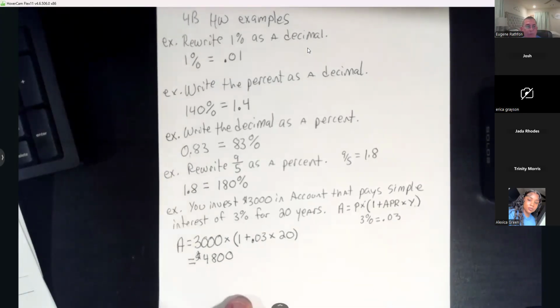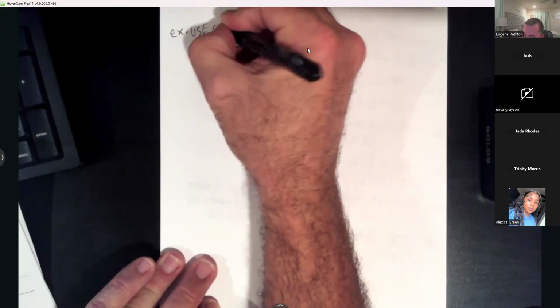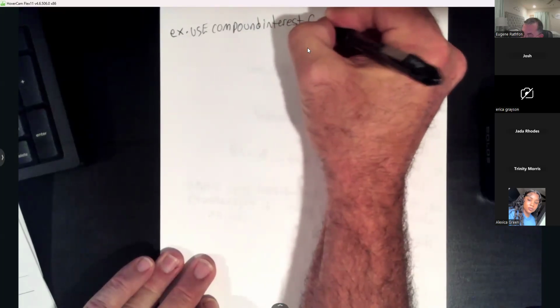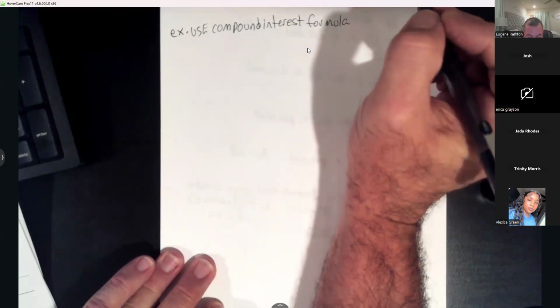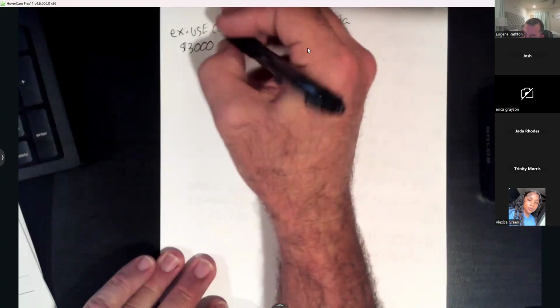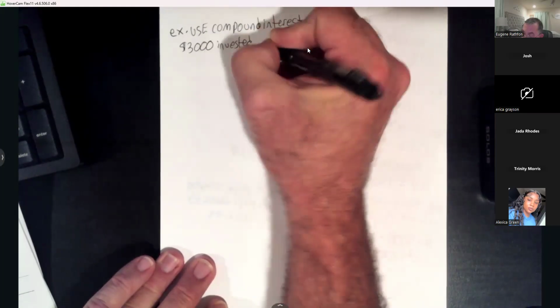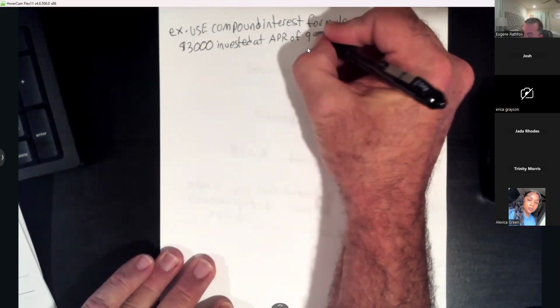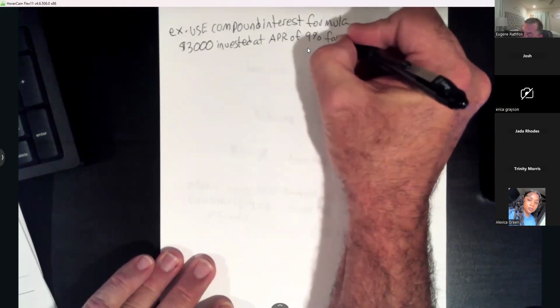All right, also, let me show you another example using the compound interest. All right, so it says use the compound interest formula. So $3,000 invested at an annual percentage rate of 9% for 9 years.